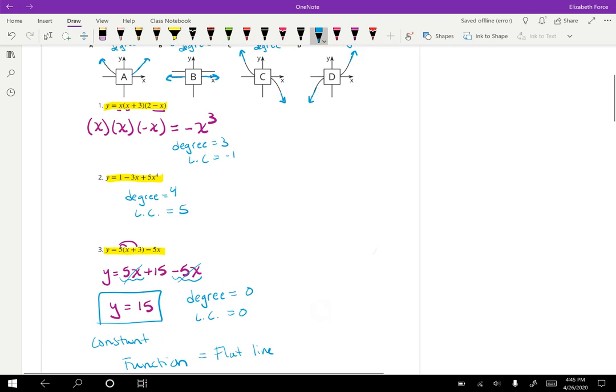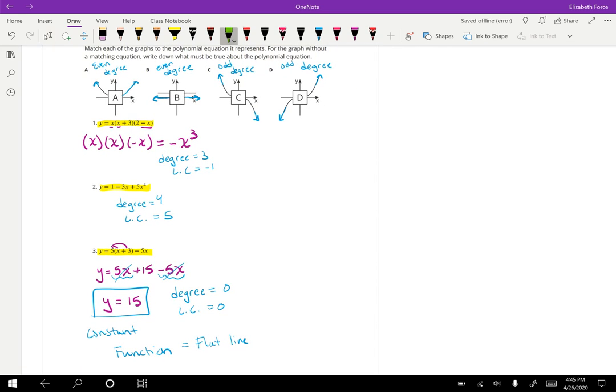And if you look up at our choices, choice B is the only one with a flat line. So we are going to go ahead and match B with our function. Oh, you know what I just noticed, guys? That's the axis. There's my function. So I was wondering why that looks kind of funny. That's the actual function right there.